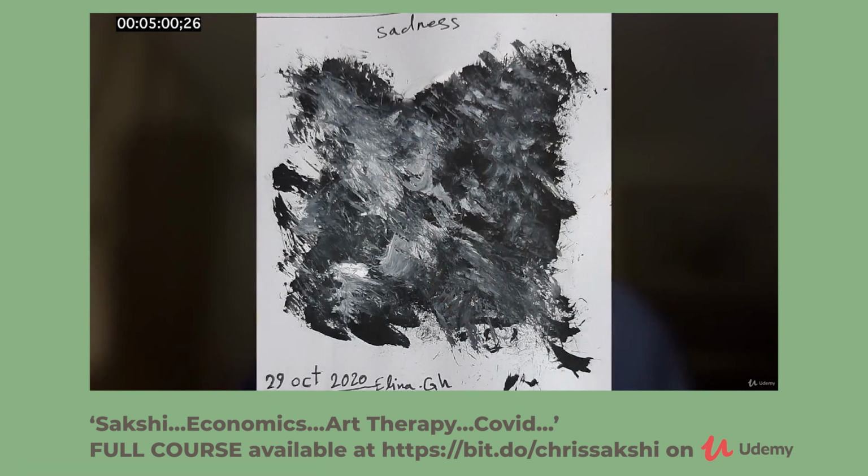And now we move to the third painting. This was done on the 29th of October 2020, and this is called Sadness. Now what does this show? It's grey, perhaps linked to age or lack of energy, lack of vitality.